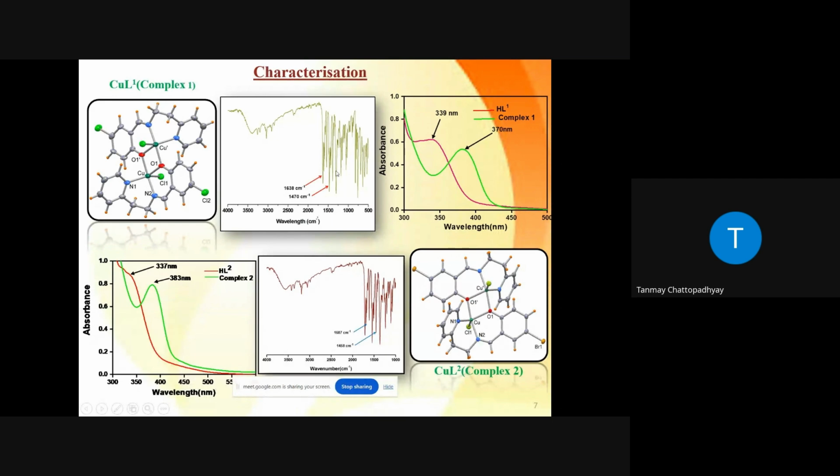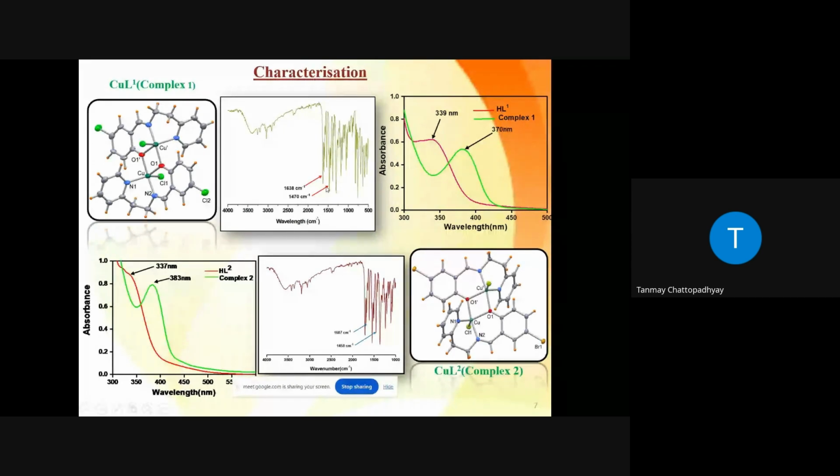And from the FTIR spectra for both complex 1 and complex 2, we got IR bands near 1470 centimeter inverse and 1458 centimeter inverse. This is due to the skeletal vibration of the benzene ring, and the 1638 centimeter inverse and 1687 centimeter inverse are due to the imine bond from the Schiff base.